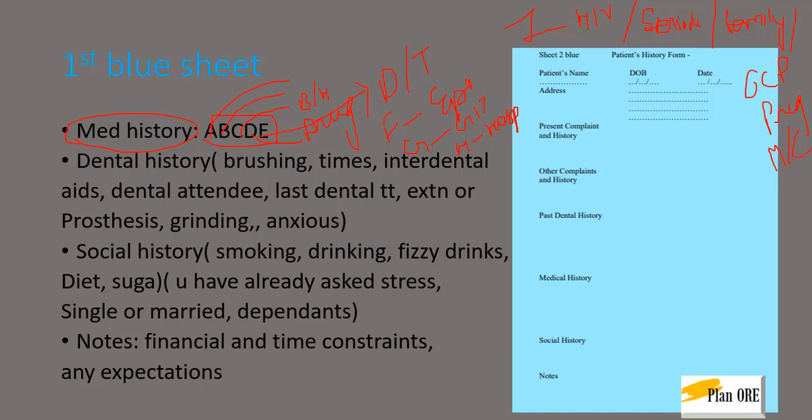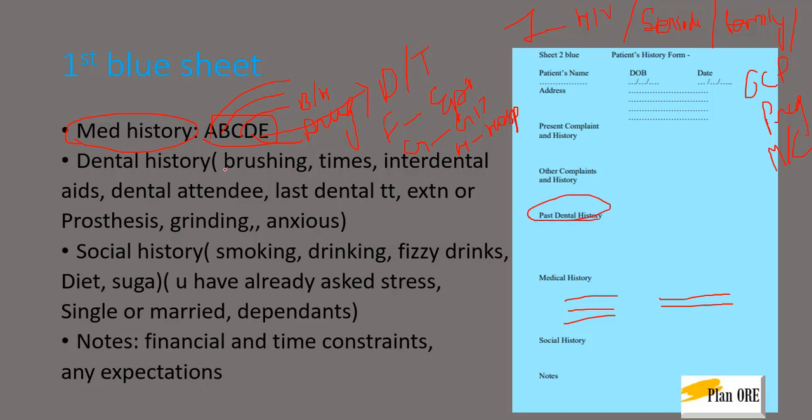This is all given in your notes and would be again explained in the subsequent videos, so you don't need to worry about it at that point of time. Whatever history is positive, you need to mention that. If there is no significant positive medical history, you just need to write down no medical history.